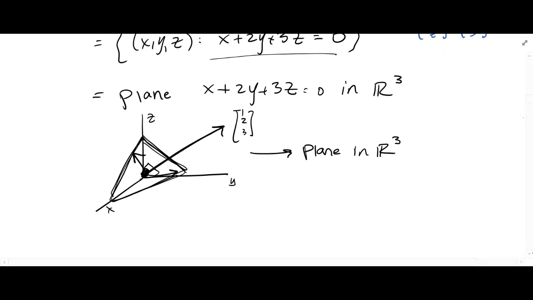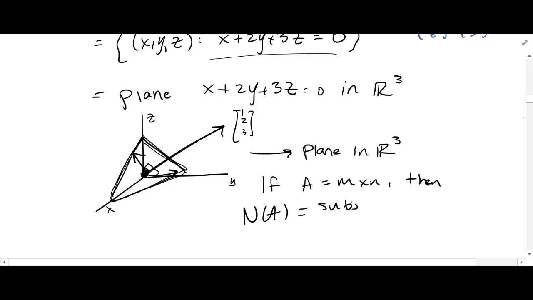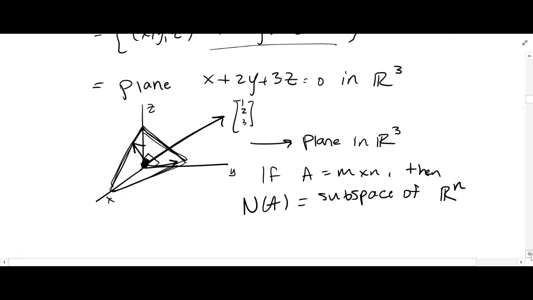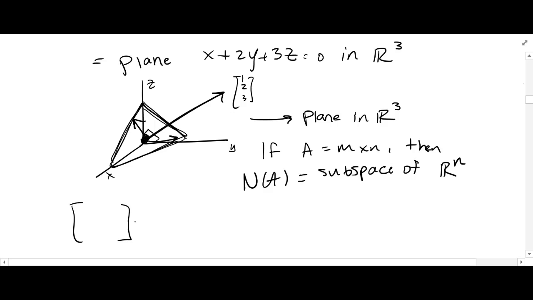So notice if A is m by n, then the null space of A is a subspace of Rn, the number of columns, because you're taking any vector in the null space and multiplying it by A. In order to multiply an m by n matrix by a vector, the vector needs to be n by 1.